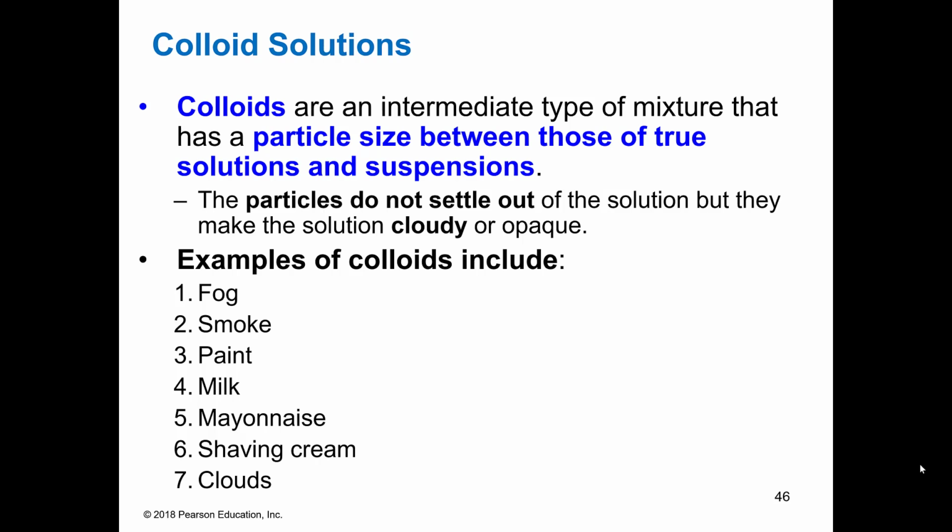What you see is cloudy, or you just can't see through it. Examples, hopefully you can picture: fog, smoke, paint, milk, shaving cream, even clouds are colloids, where you have particles suspended in a solvent.